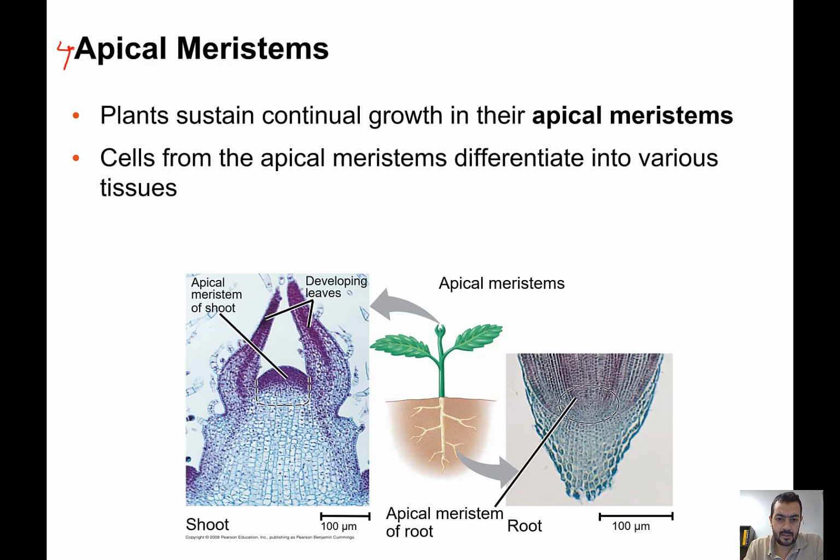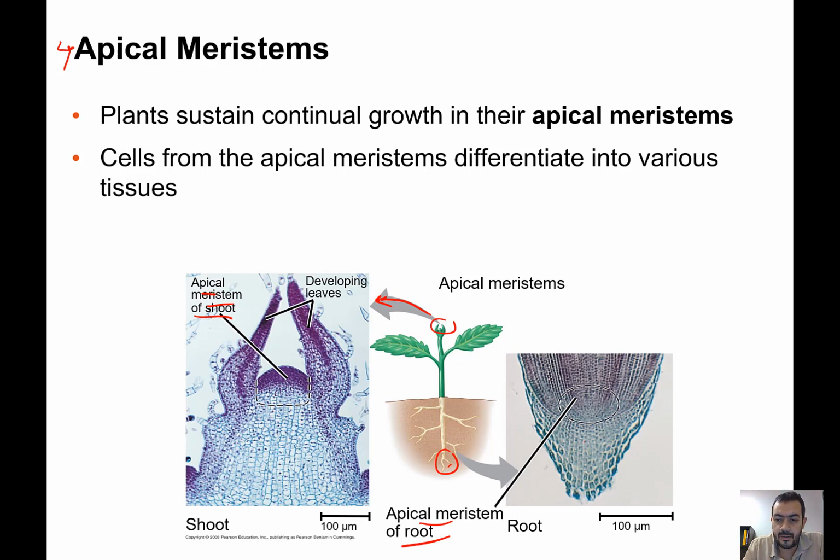As you can see here, if you remember, we said that plants need to grow in two directions. At the tip of this area and at the tip of this area, if we zoom in, we'll find the apical meristem. So here is the apical meristem of the shoot. Then here is the apical meristem of the root.